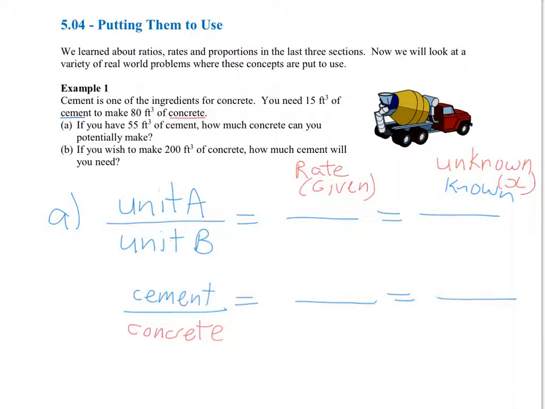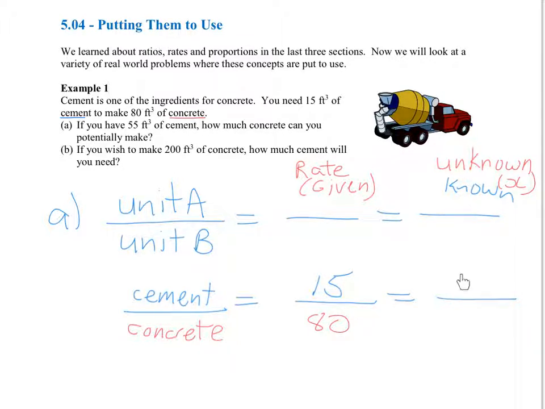The rate that we were given tells us 15 cubic feet of cement, so we're going to put 15 up top because cement is up top. And 80 cubic feet of concrete goes on the bottom because concrete's on the bottom. So this is where the rate comes in: 15 cubic feet of cement to 80 cubic feet of concrete, okay?